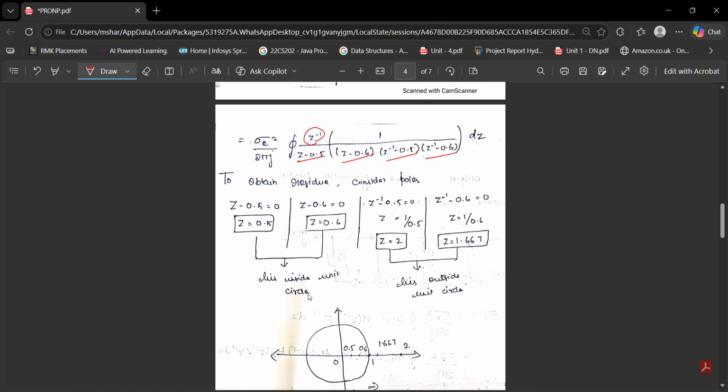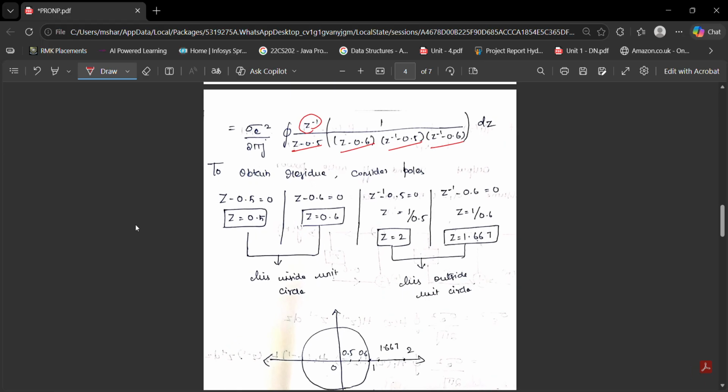Okay, now in order to solve it, we will be calculating the residue. Just a minute. One thing you have to notice: this part of the formula is the residue.